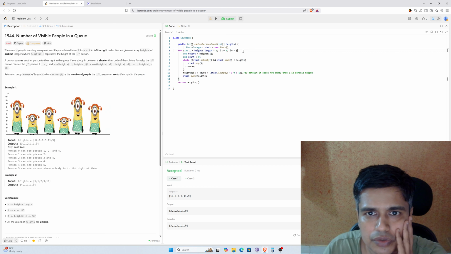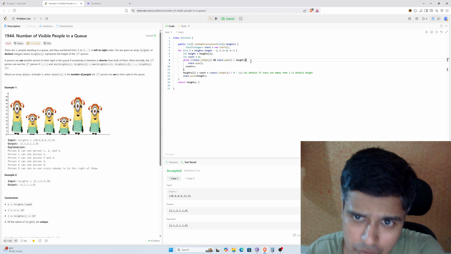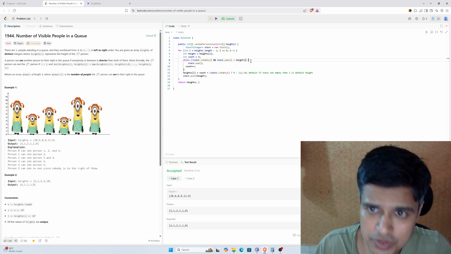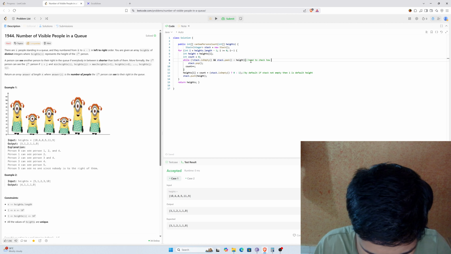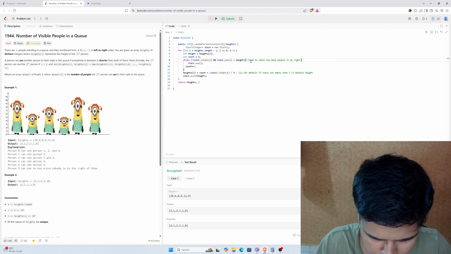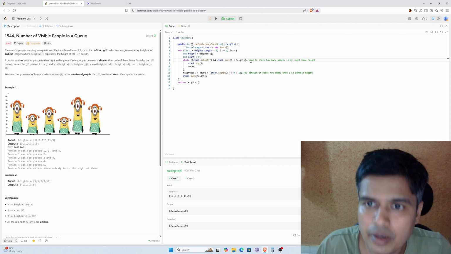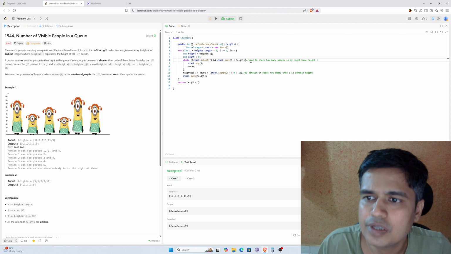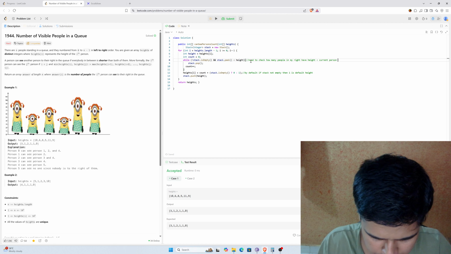So what we do, we go from right to left, we keep on checking in the stack. So in very raw terms, we need to check how many people to my right have height less than me, the current person's height.